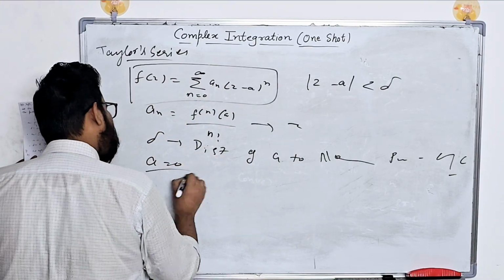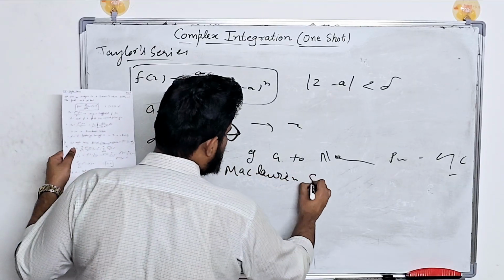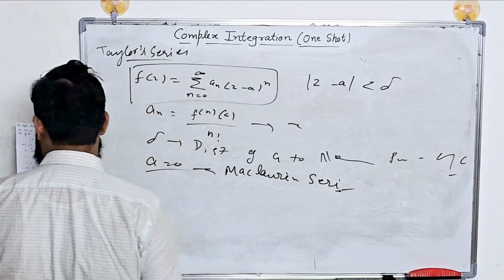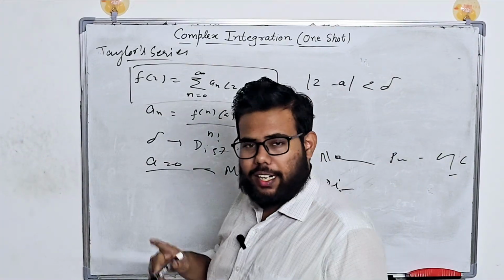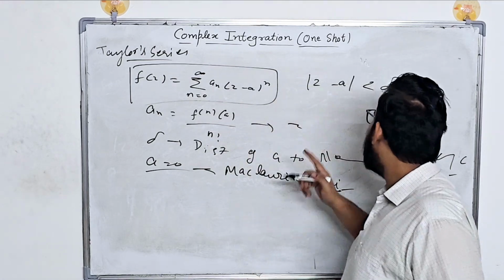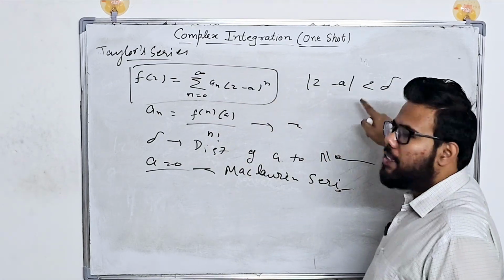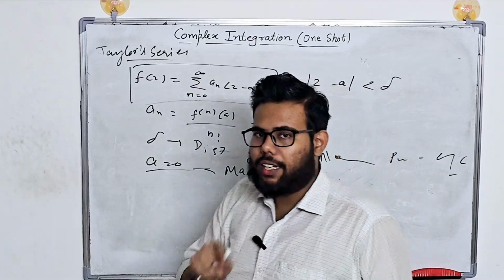If a is equal to 0, then it is called the Maclaurin series, okay? And if you remember what D is, I defined D and C, if you remember, right? So if D is a disk, then delta is called the radius of convergence of the Taylor series, right?